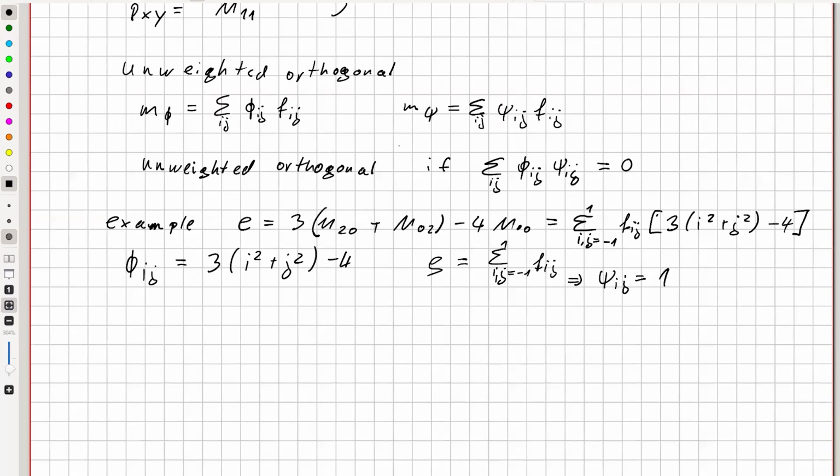So when we now make the sum over i and j from -1 to 1 of phi ij times psi ij, well, this is almost cheating because psi is always 1, so it disappears. What we are left with is 3i square plus j square minus 4, times 1. Now we have to sum this up.